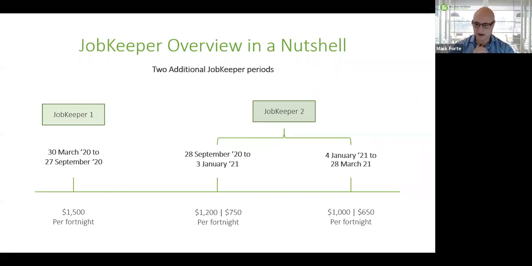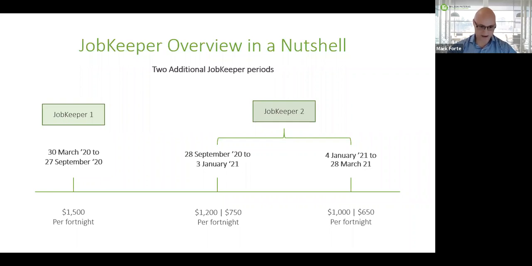And then we have to go through the process all over again from the 4th of January to the 28th of March 2021. So for each period coming up, which is the one that we're at the start of at the moment, and the one on the 4th of January, there is a re-enrollment type of process. If you're already enrolled for JobKeeper, you are in, but then we have to re-enroll and resubmit declarations about declining turnovers, and we'll get through that later on in the slideshow.